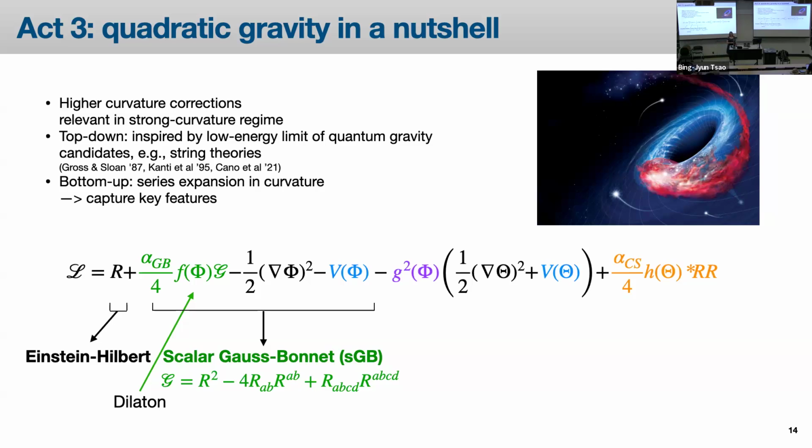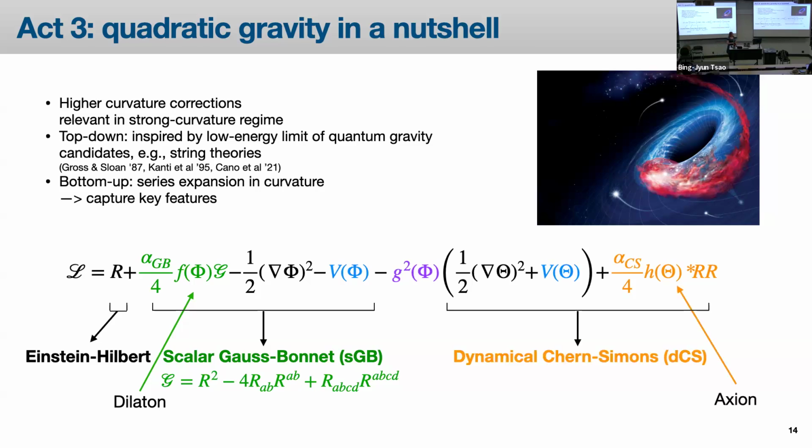Then we get a second set of terms with another field, zeta. Zeta is actually a pseudoscalar, if you think about how it transforms. And this pseudoscalar I will call the axion. And this is coupled to the Pontryagin density, so Riemann, dual Riemann times Riemann.